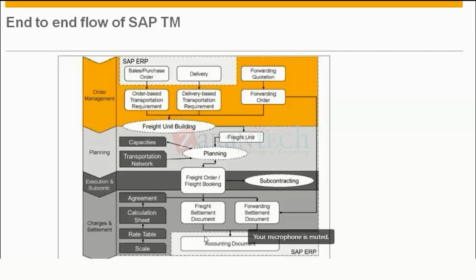The reason is its integration capabilities. Ultimately, for a transportation person, the freight order is the most important part, and it is integrated across multiple applications within TM. So if you are using TM, you don't need to bother too much about the shipment document.